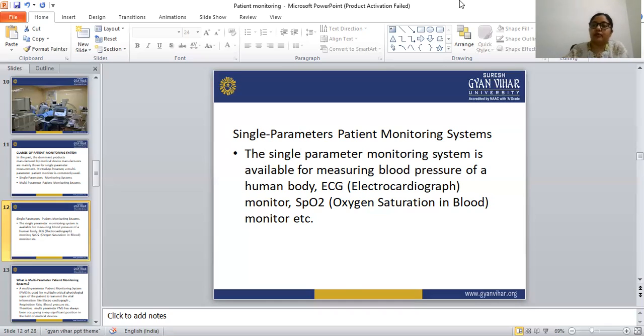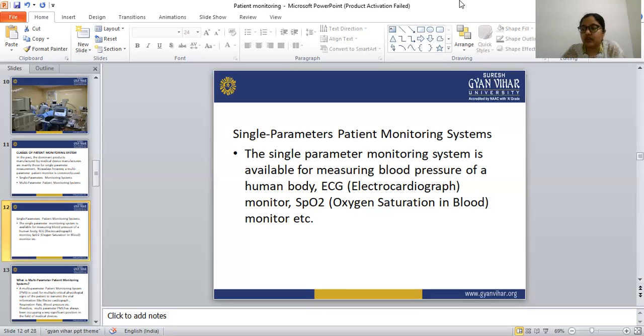When we are talking about the multi-parameter patient monitoring system, there is a lot of data produced by the system, and that is confusing to the nurses. So this is the second disadvantage of the computerized patient monitoring system.